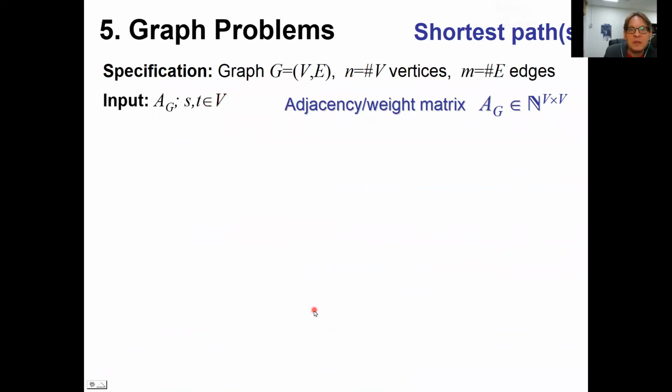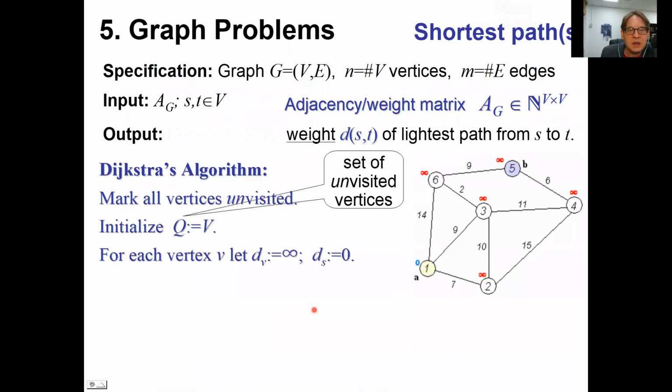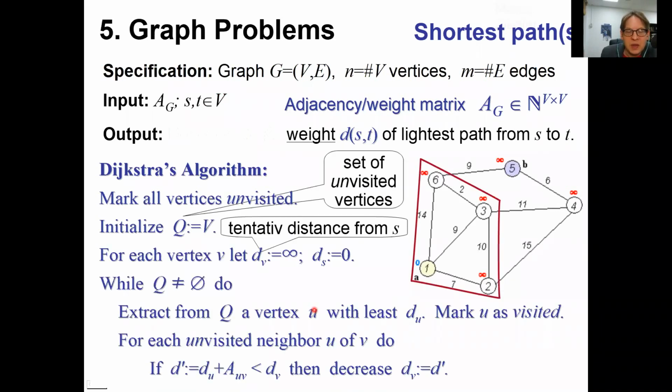And then we've discussed Dijkstra's famous algorithm for solving the shortest or lightest path problem, the least weight problem in weighted graphs. I'm not going to recall the details of the algorithm, but let me emphasize again that the algorithm employs a priority queue.